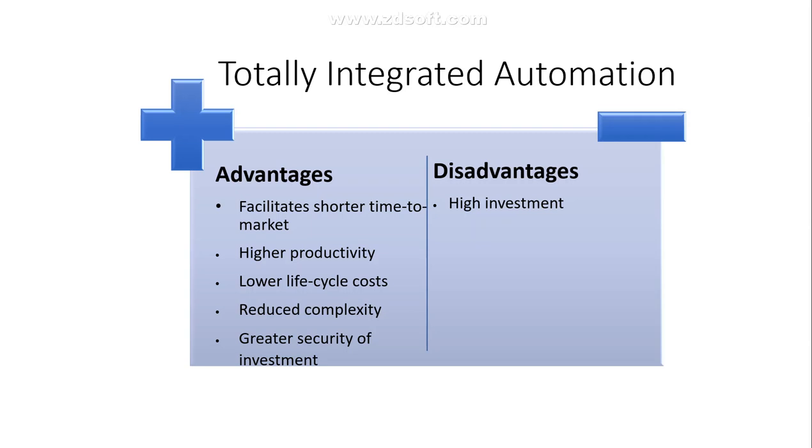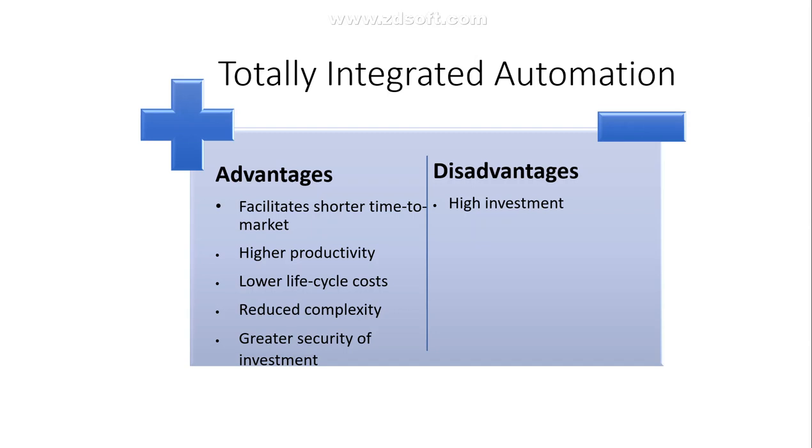Reduced complexity: maintaining multiple departments and multiple activities of production is quite complex, so when everything is automated, it helps us reduce the complexity in operations. Greater security of investment: with all the systems automated, it gives security in terms of investments.